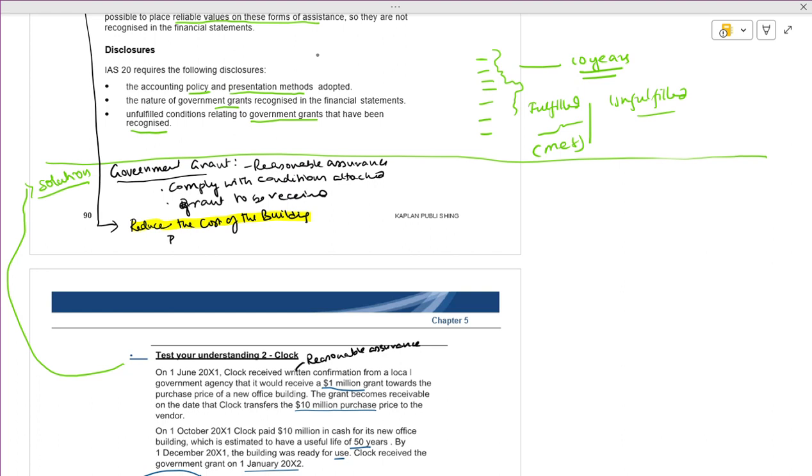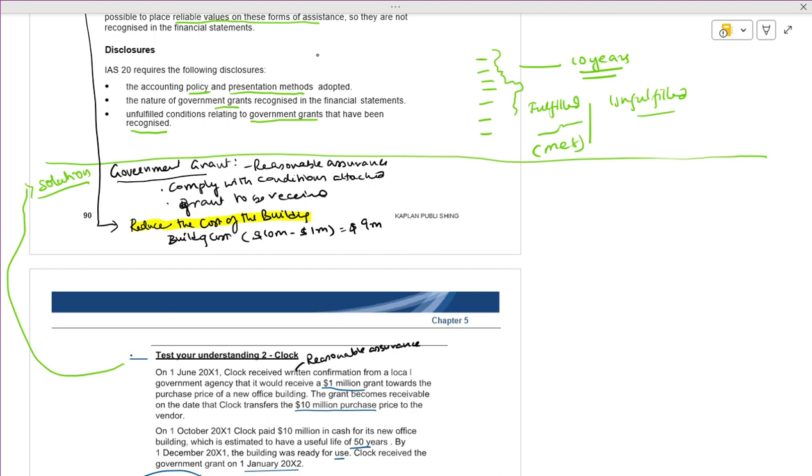Building cost is 10 million minus 1 million, because they are receiving a grant to the extent of 1 million. It comes to 9 million.